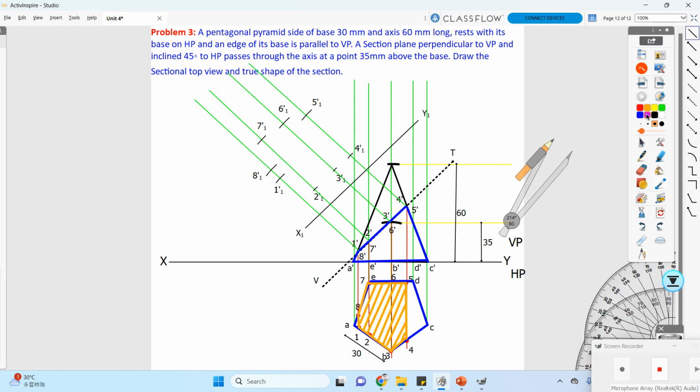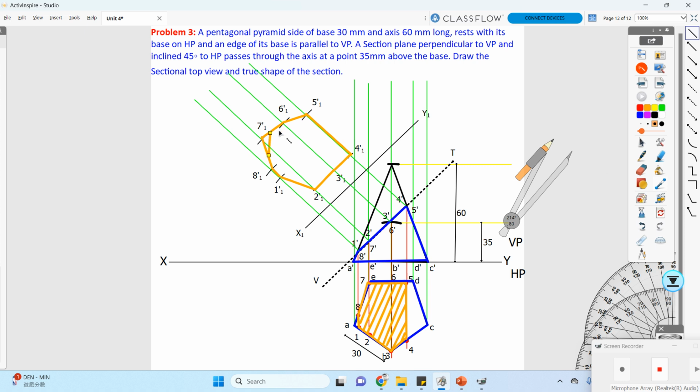So from here to here, then from this point to this point, then from this point to this point, then from here to here, then from this point to this point, then from this point to this point, then this point to this point, then intersecting both the points over here. Okay, so this is my view on my top side.